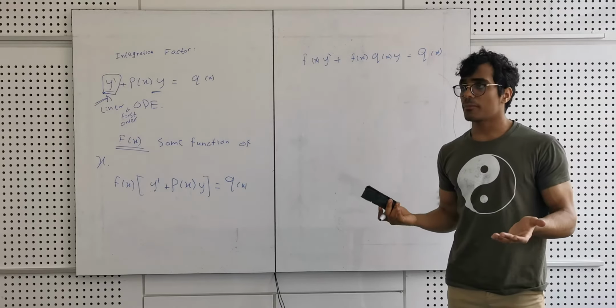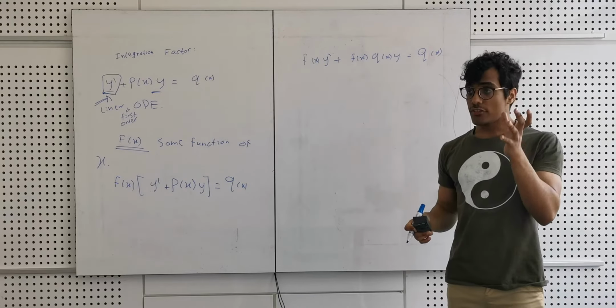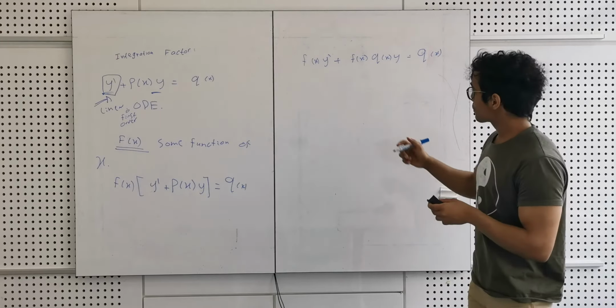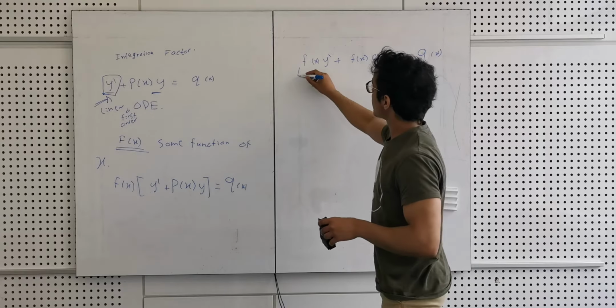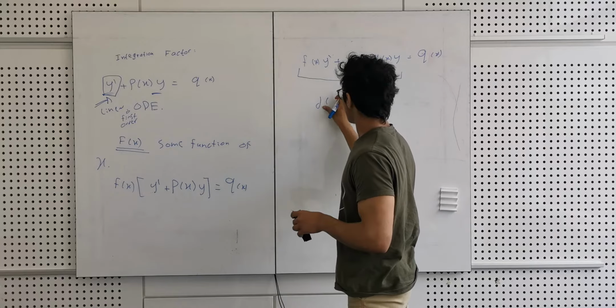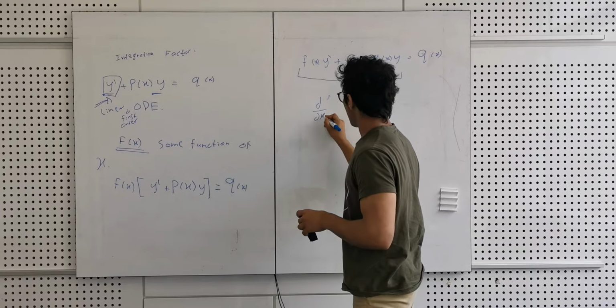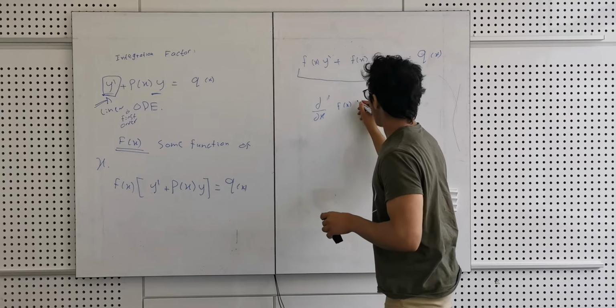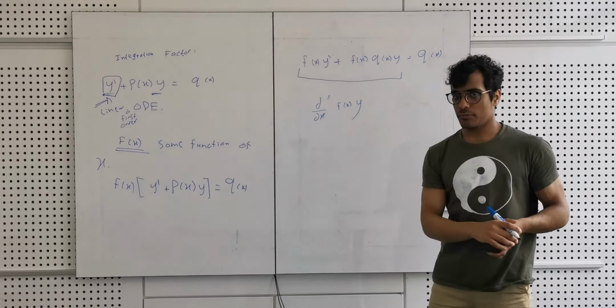So what's special about this function? We want to make such a function that would make the left hand side a product between the function and the function that we want to find.